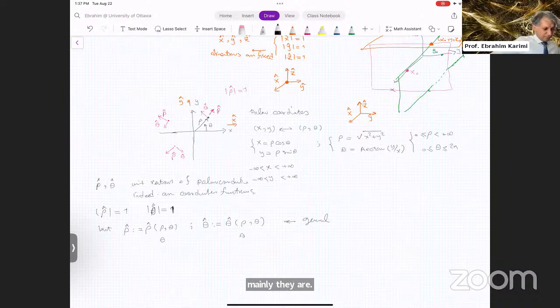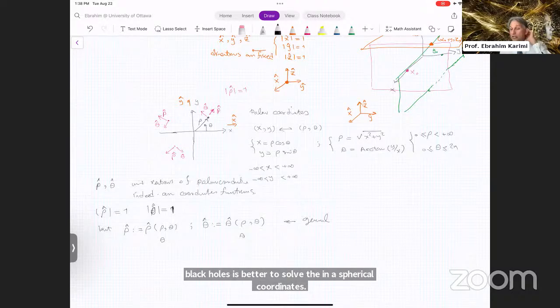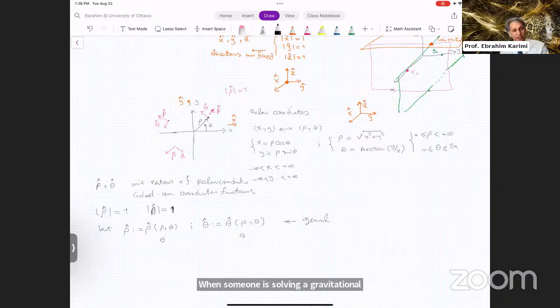Or someone working with black holes, so it's better to solve in spherical coordinates. When someone is solving gravitational forces, it's better to solve in spherical coordinates. Or, for example, if you have an infinite wire, it's better to solve in a cylindrical coordinate, finding out what's going on with the charge distribution, and so on. So the coordinate is chosen based on the symmetry that you have, which simplifies the calculation way easier.